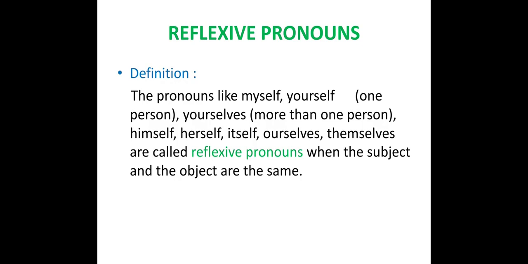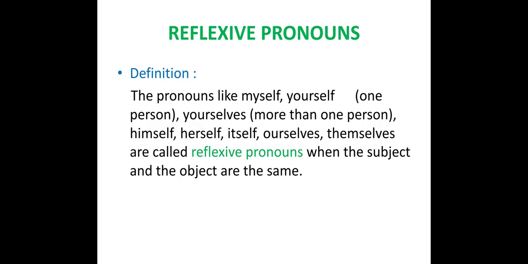You will see the reflexive pronouns definition on page number 24. The pronouns like myself, yourself, which means one person, yourselves, which is for more than one person, himself, herself, itself, ourselves, themselves are called reflexive pronouns when the subject and the object are the same.